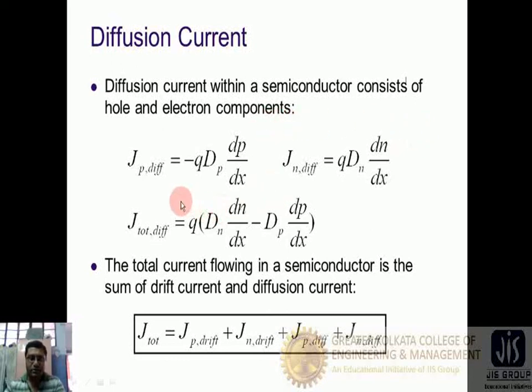The combination of these two gives us the total diffusion current. So the total current flow in a semiconductor is the sum of the drift current and the diffusion current. It is the combined effort of the two, drift current and diffusion current, which makes current flow in the semiconductor.